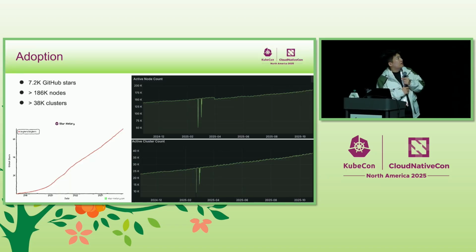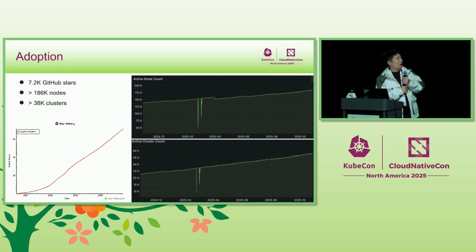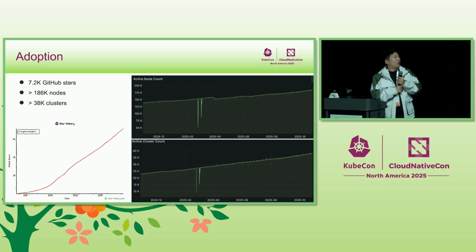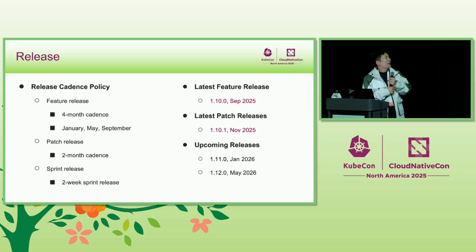Okay, so in the past years, Longhorn has always kept a pretty good adoption in the community. We have solid growth in both Git stars and active node usage all over the world. And in recent years, our release cadence has become more and more stable.